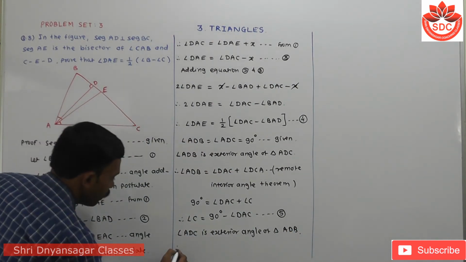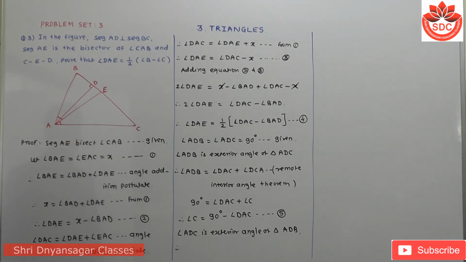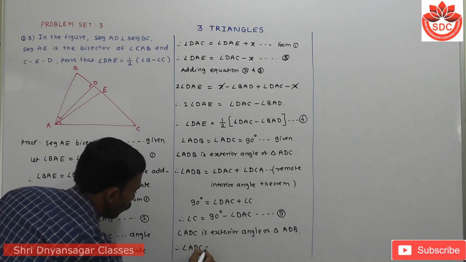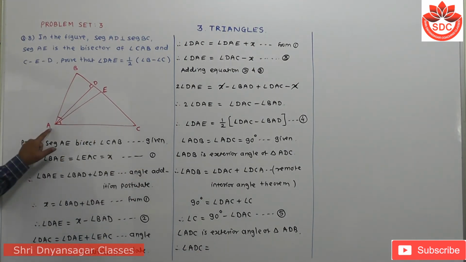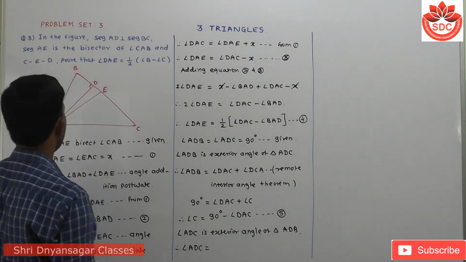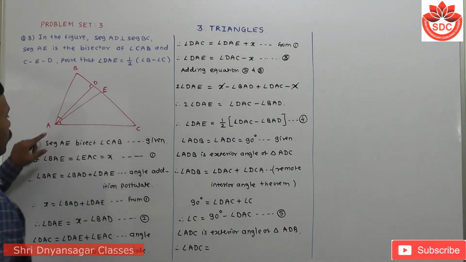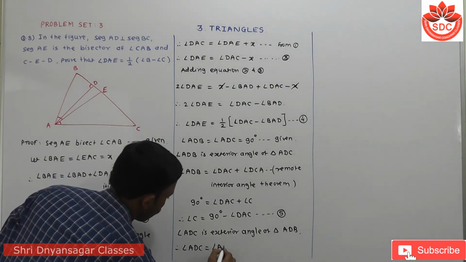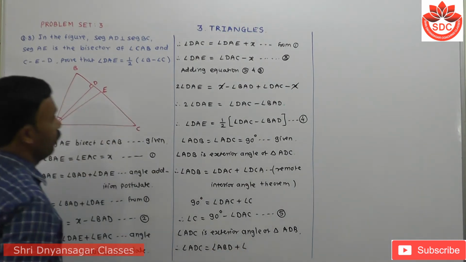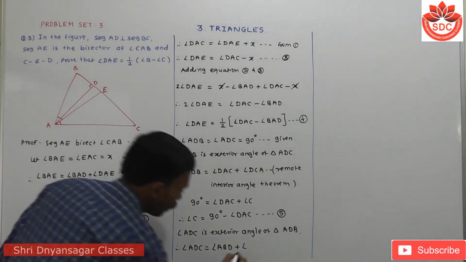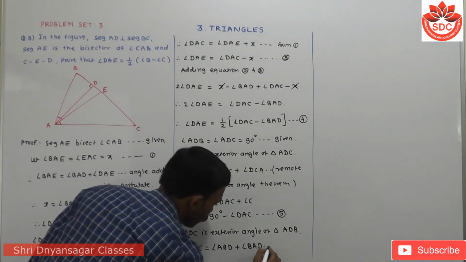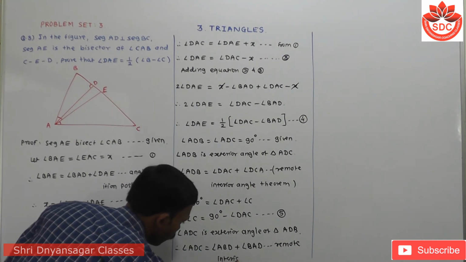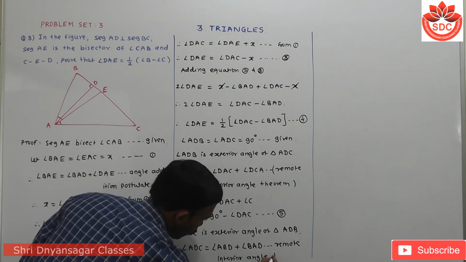Therefore, again by using remote interior angle theorem, angle ADC is equals to angle ABD plus angle BAD by remote interior angle theorem.